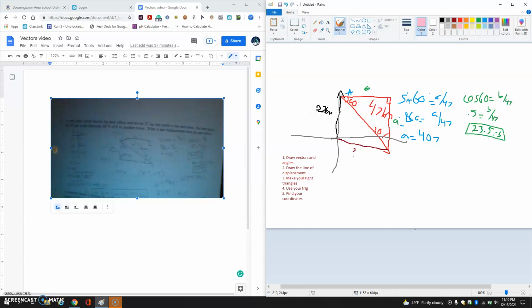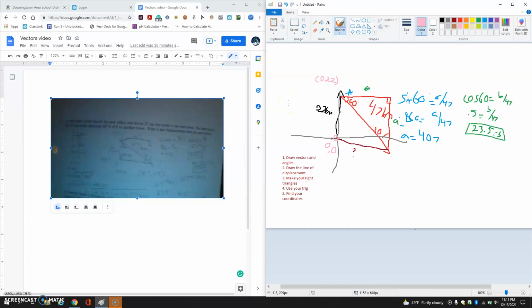X is east and west. So if this is our starting point, 0, 0, the X has not moved. So this coordinate would be 0, 22.